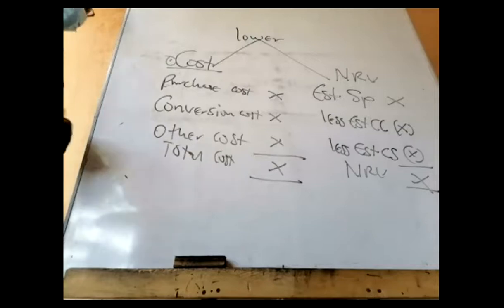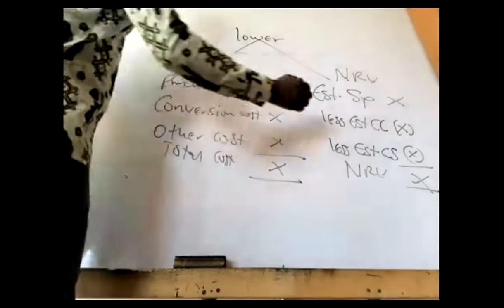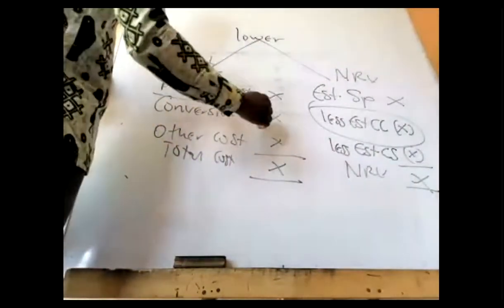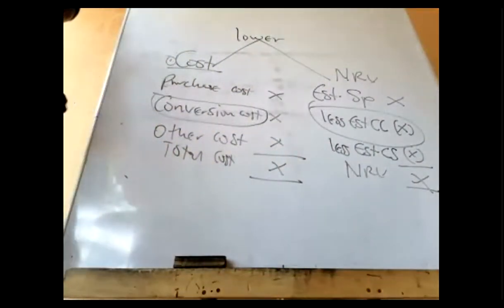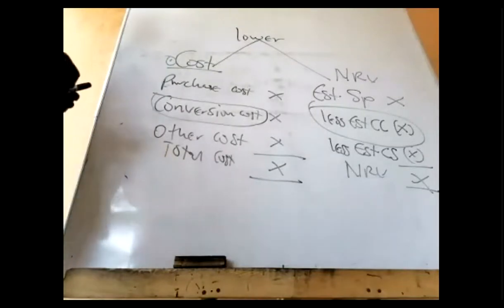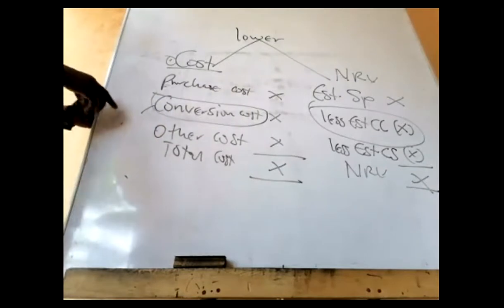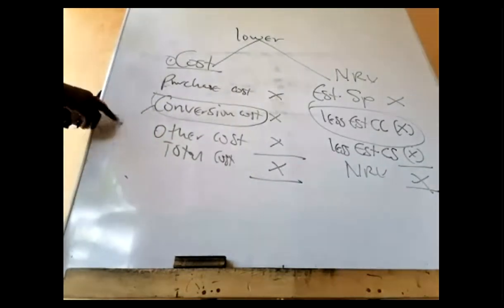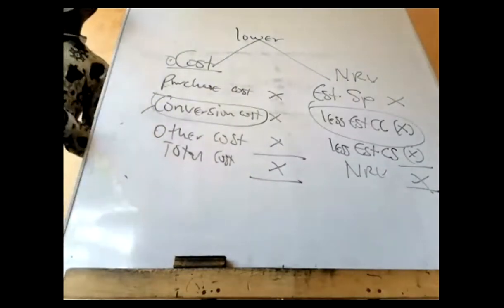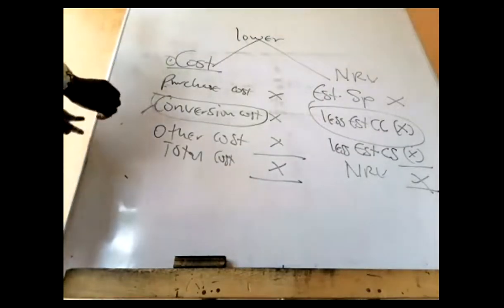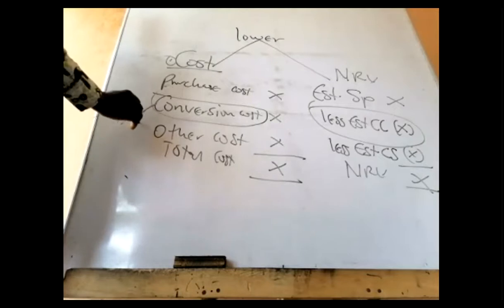Now, to distinguish between the cost to complete the sale and the conversion cost, I'll give you 2 different points. Number 1, the conversion cost is a cost that has been incurred to date.